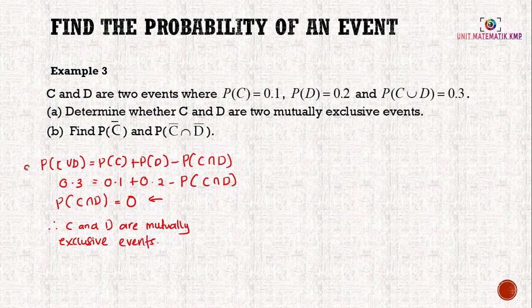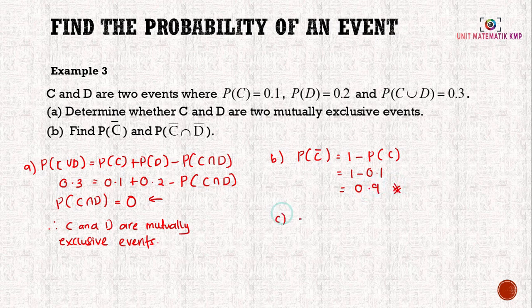So this is for question A, and question B asks for the probability of C bar. So this is the complement event. So to get the answer, we will take 1 minus probability of C. So 1 minus 0.1, and then you can get 0.9.